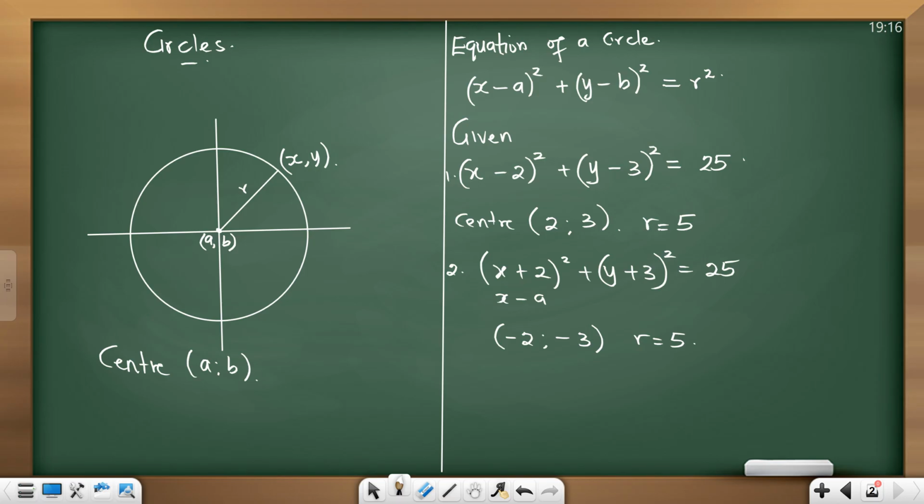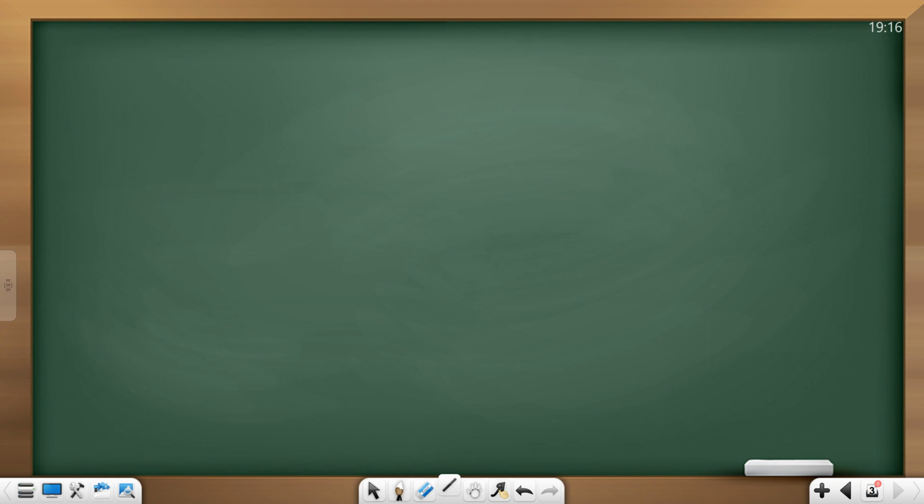All right. Very important is when I am now given an equation. We quickly want to learn how to find the center if I am given an equation.